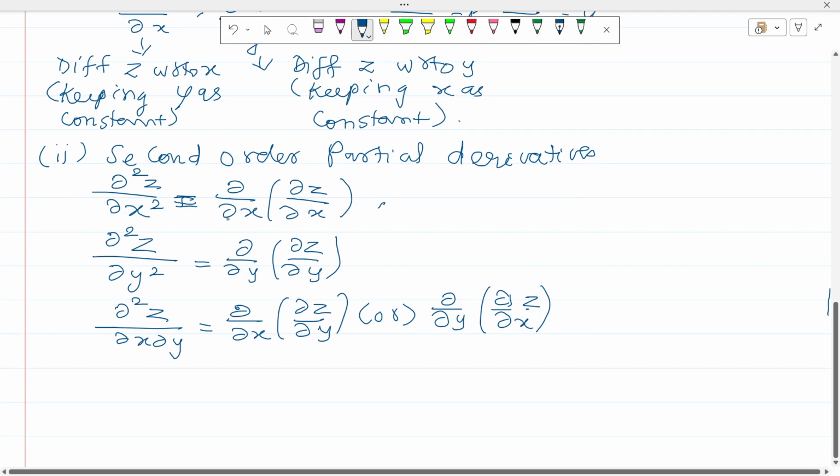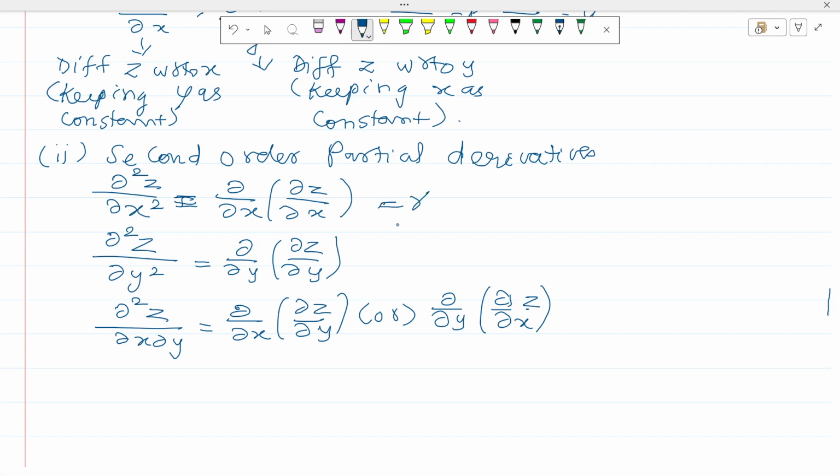Dou square z by dou x square is denoted by small r. Dou square z by dou y square is small t, and dou square z by dou x dou y can be written as small s. So p, q, r, s, t are the notations of first order and second order partial derivatives.